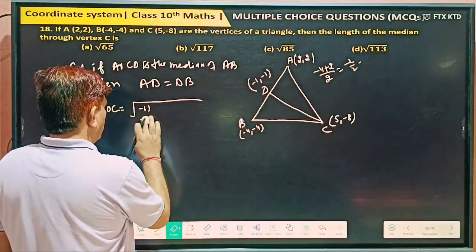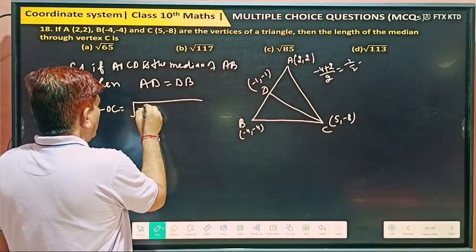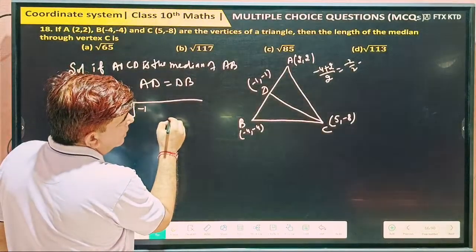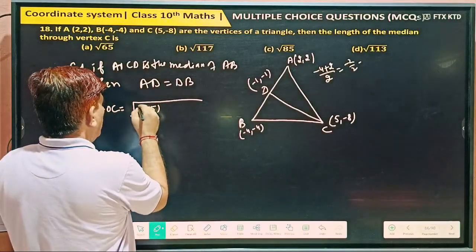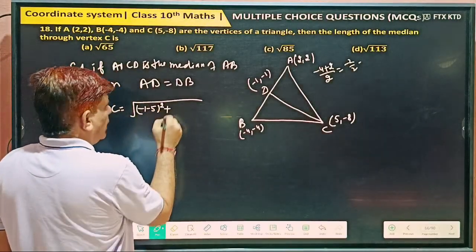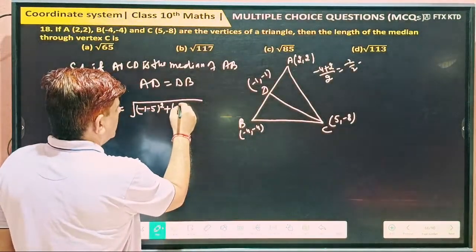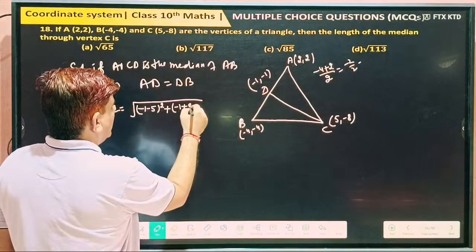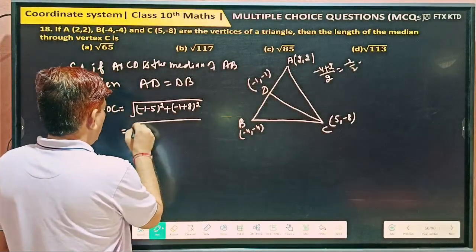What's minus 1? Minus 1 minus 5 whole square plus minus 8, sorry, minus 1 plus 8 whole square. What's it become?